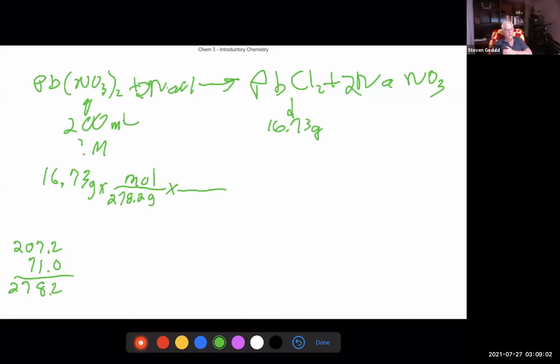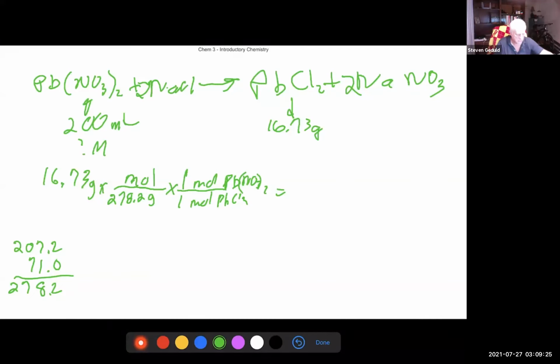All right, now I have moles of lead chloride. We have 1 mole of lead chloride to 1 mole of lead nitrate. That's going to give us how many moles of lead nitrate we have.